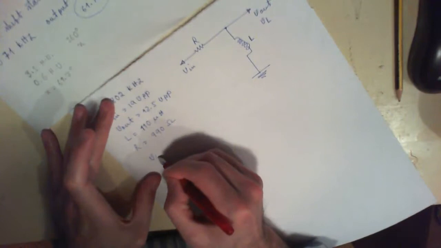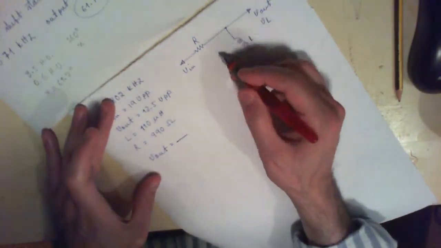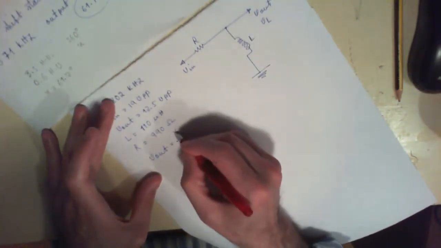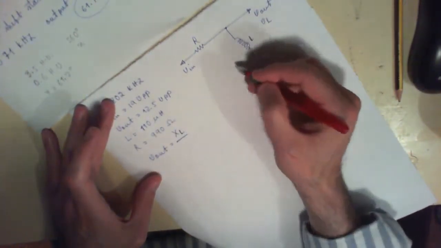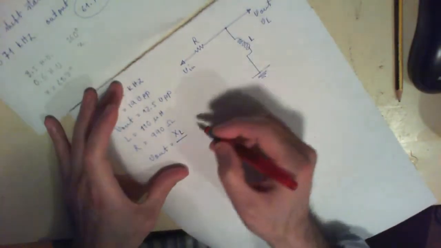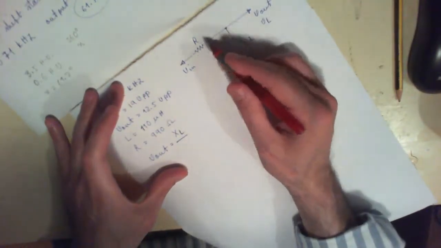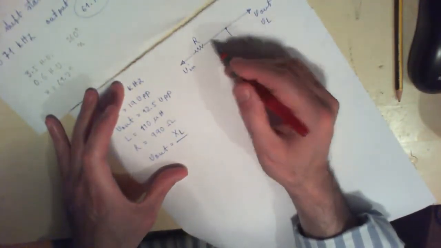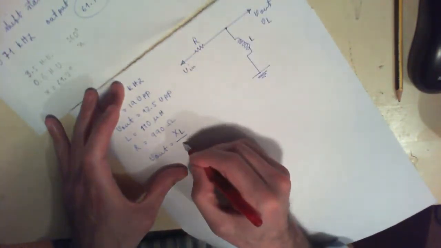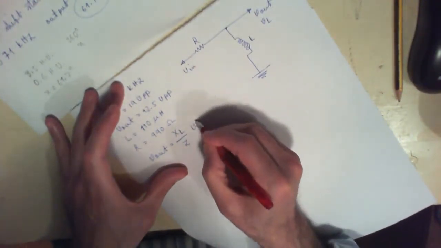So your V of out is going to be equal to the reactance of this inductor, X of L, the same thing as the resistance of this inductor, it's called reactance in this circuit, divided by the total resistance in this circuit, which is called impedance Z, times V of in.